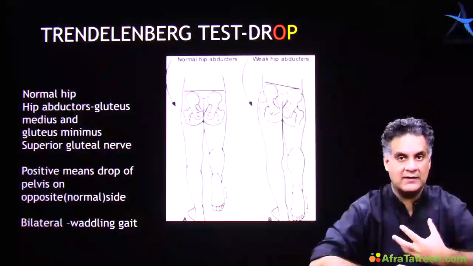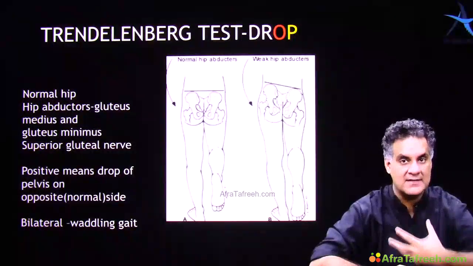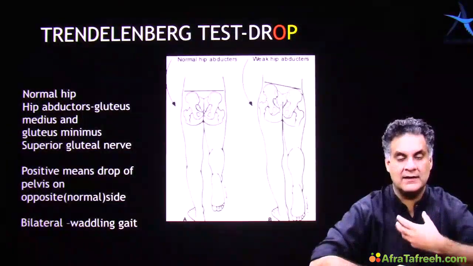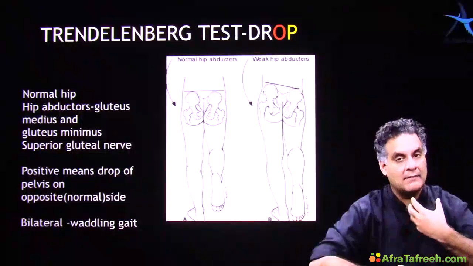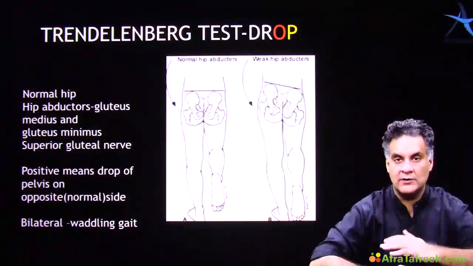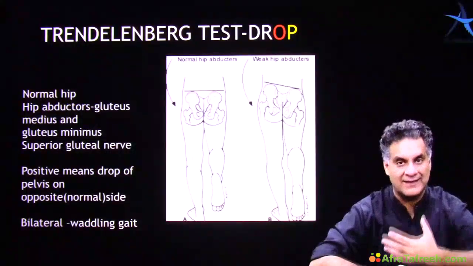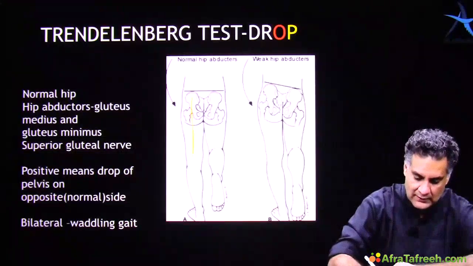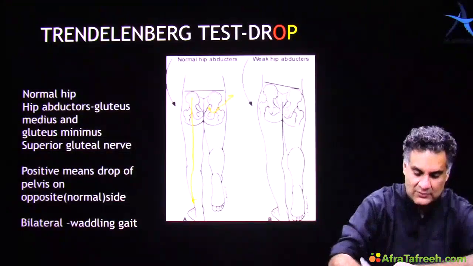The stability of the hip is assessed by the Trendelenburg test. Your hip, along with the acetabulum, the head of femur, the trochanters, and the intact femur neck, can maintain your body weight on one limb and will not allow the drop of the pelvis on the opposite side when you're standing on one limb. So you're standing on the left side, the right side stays straight.